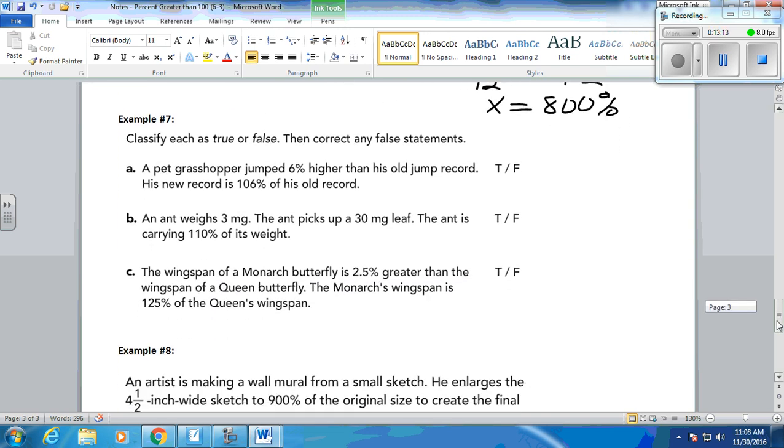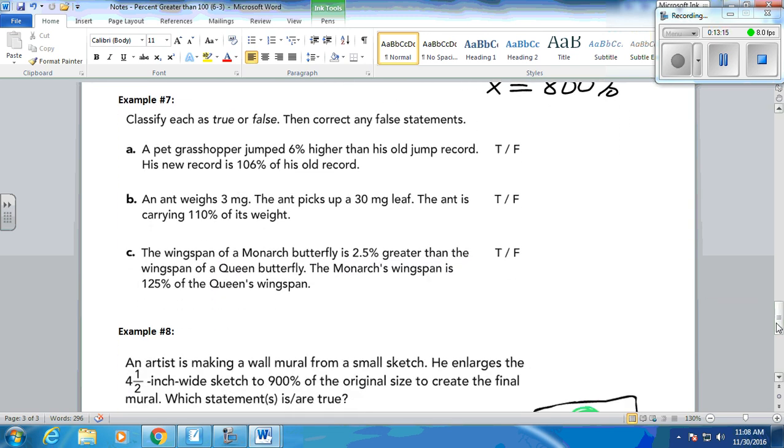Number 7 is saying to classify each of these as true or false, and then correct any false statements. So we will do number 1 together, or part A together, excuse me. It says a pet grasshopper jumped 6% higher than his old jump record. His new record is 106% of his old record. So I'm going to write that 100% represents his old record.